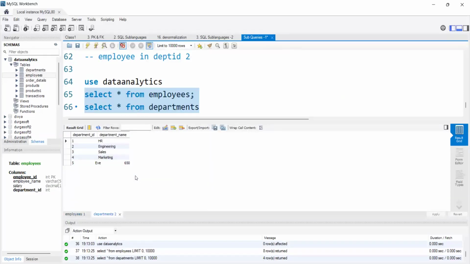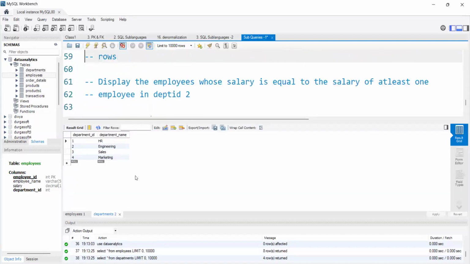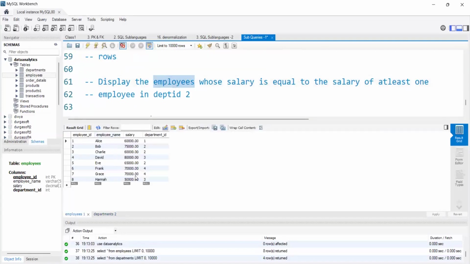First, let's try to solve one example on multi-row subquery on these tables. My question is that I want to display the employees, from the employees table only, whose salary is equal to the salary of at least one employee in department ID 2.